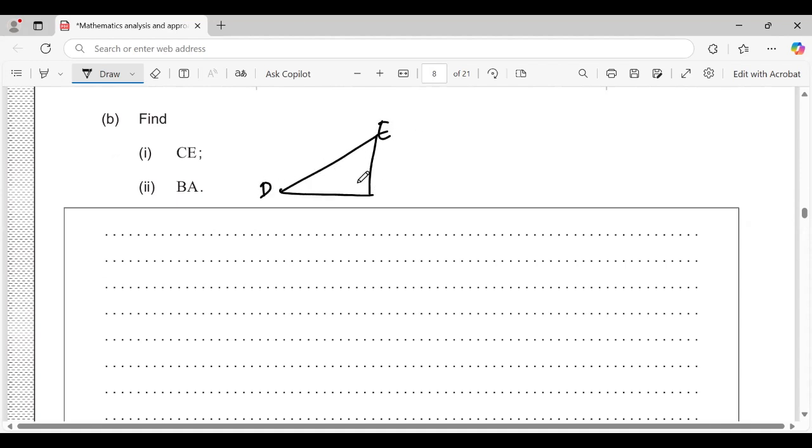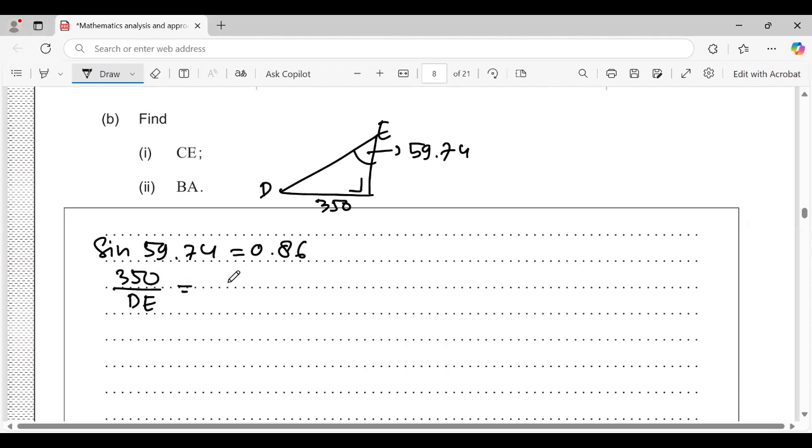D, E, and this angle is 59.74, and this side is 350. Sine 59.74 equals 0.86, and 350 over DE equals sine 59.74.